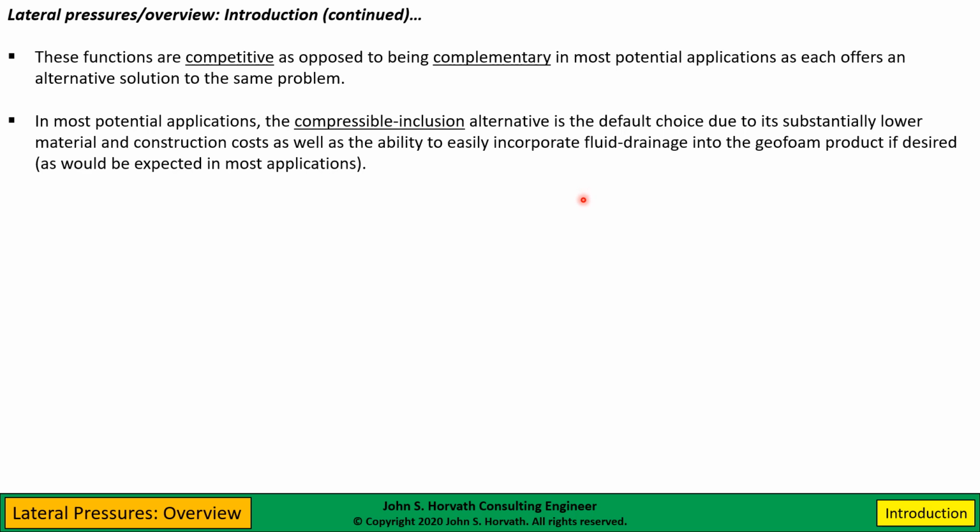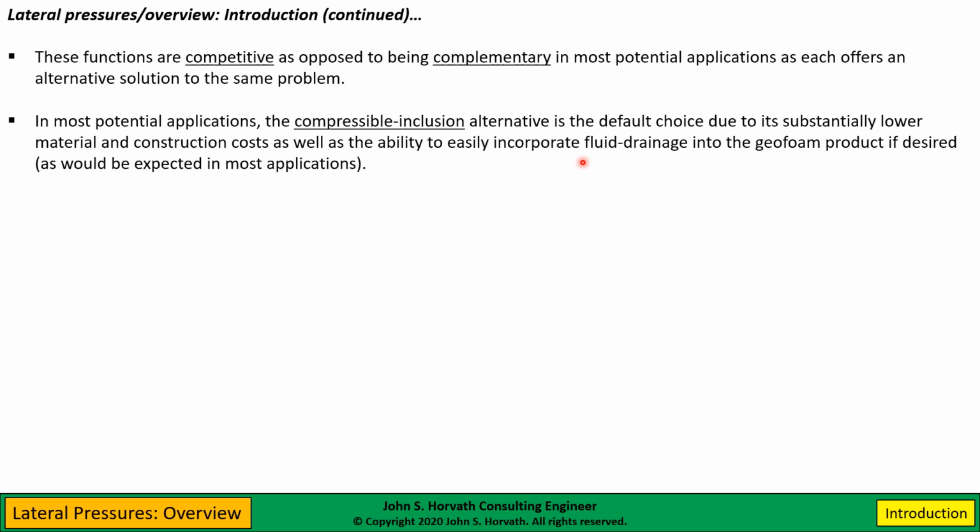In the vast majority of applications, the compressible inclusion alternative is the default choice, simply because they can get the job done with a lot less material as well as construction cost. I mean, it's very easy to place a relatively small panel of material manually. You don't need any heavy construction equipment to do this, for example.